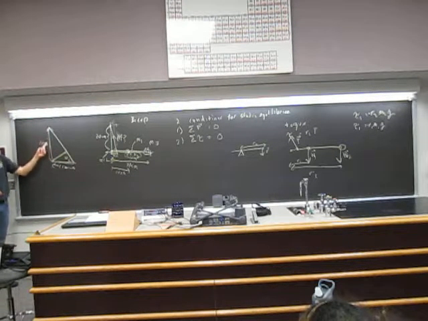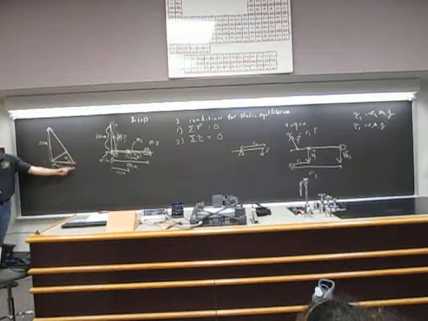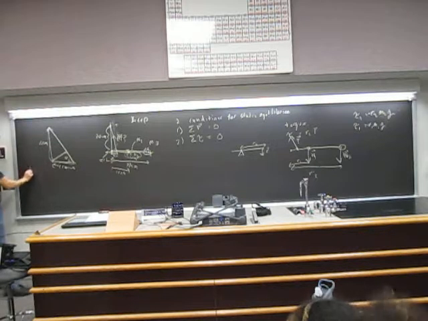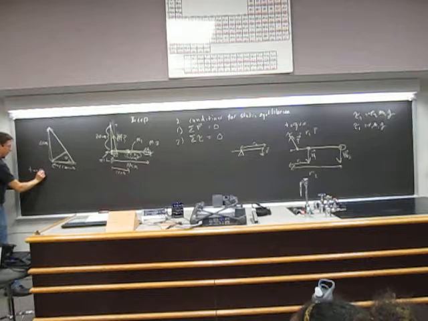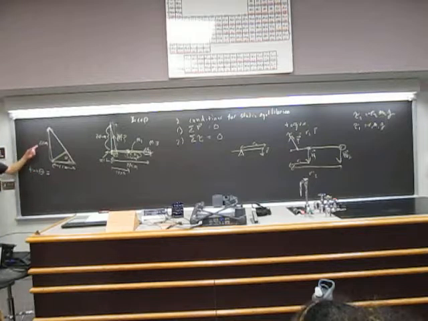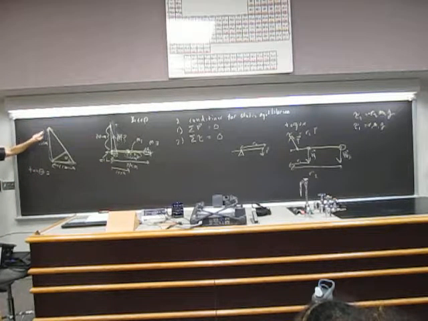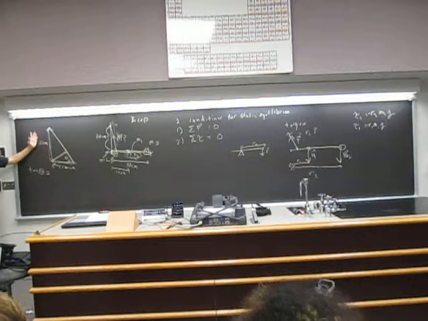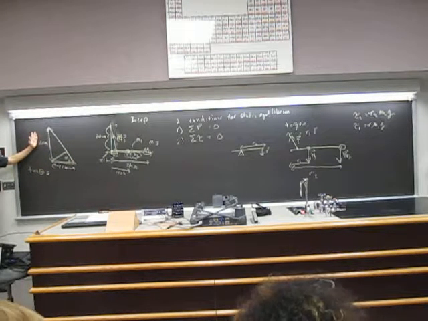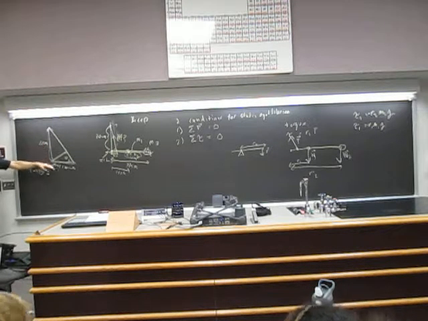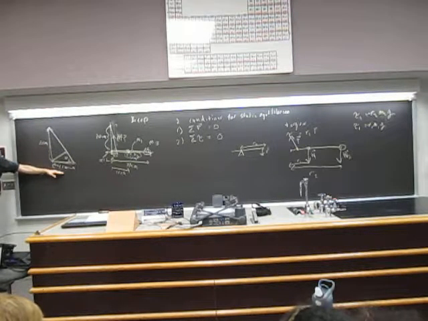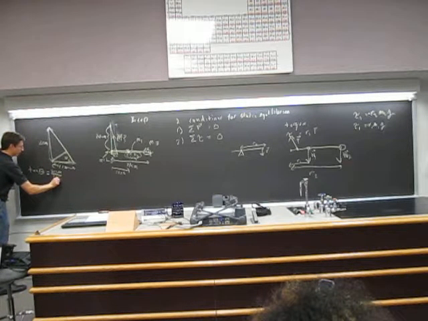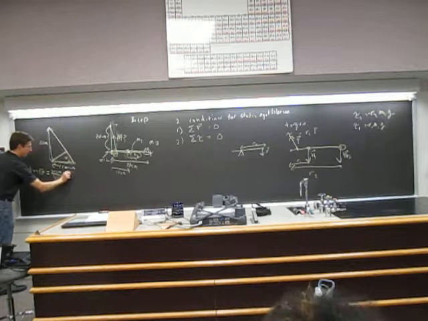What would theta be? Let's look at this big triangle. Tangent of theta is opposite over adjacent. This 20 centimeters is the opposite side, and the adjacent side is 4 centimeters, so 20 over 4 is just 5.